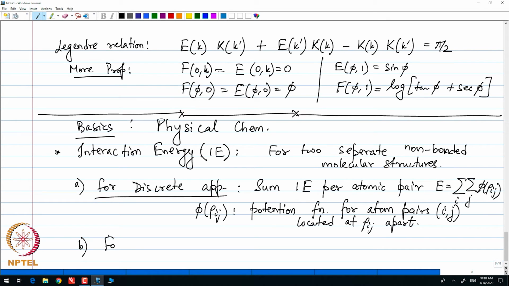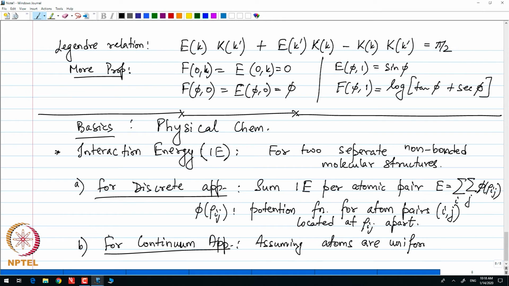So then, for continuum applications, I can change my double summation to a double integral, assuming that atoms are uniformly distributed over the entire range of the surface.